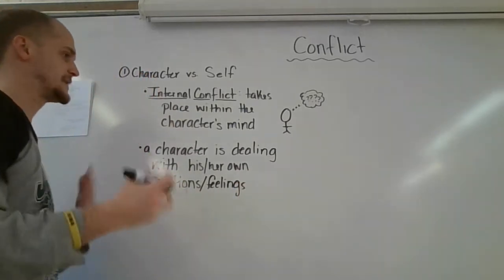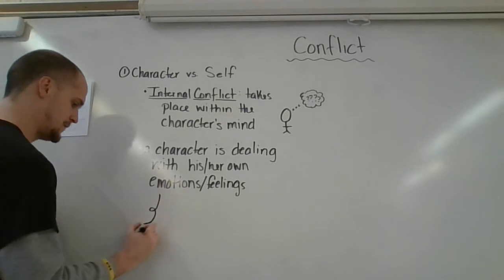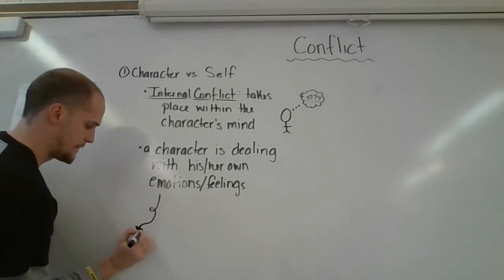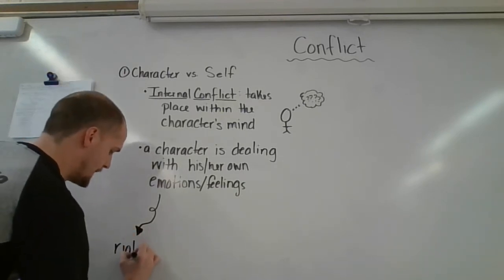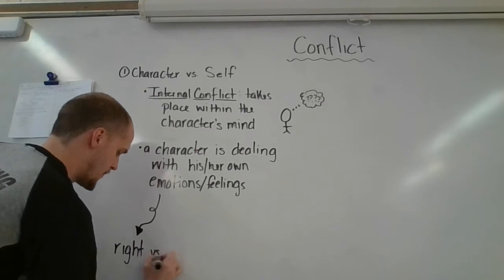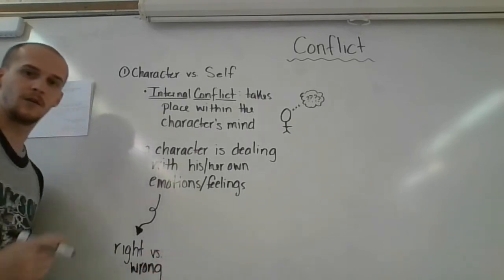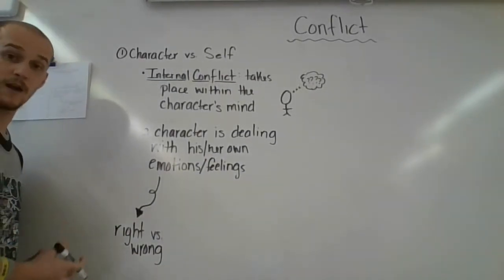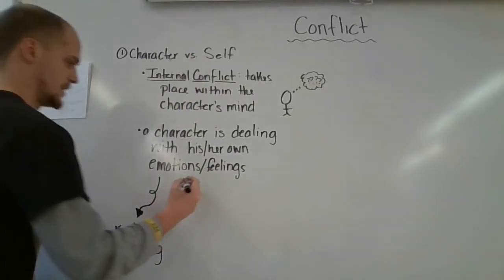Some examples of that could be they could be in conflict over what's right and what's wrong, right versus wrong. You know, the wrong thing might make the character cool in the eyes of their friends, but it's not the right thing to do. So that could be a character versus self conflict.